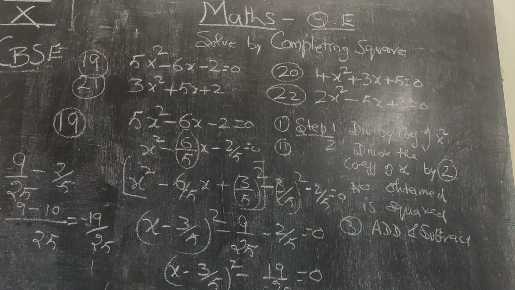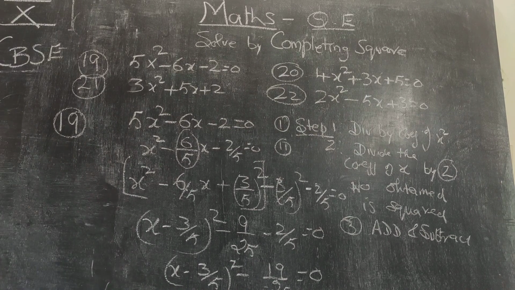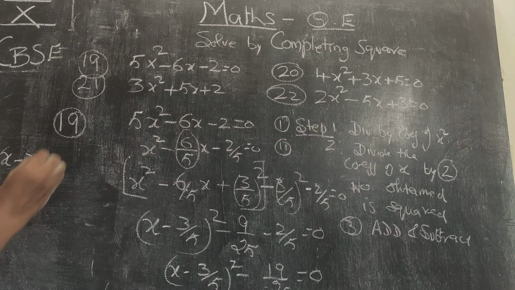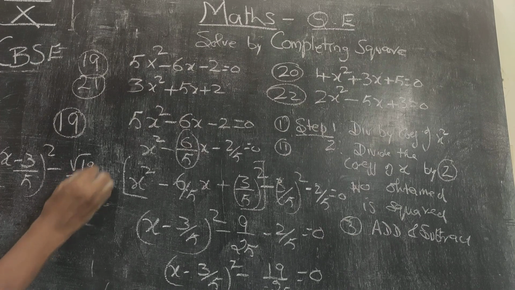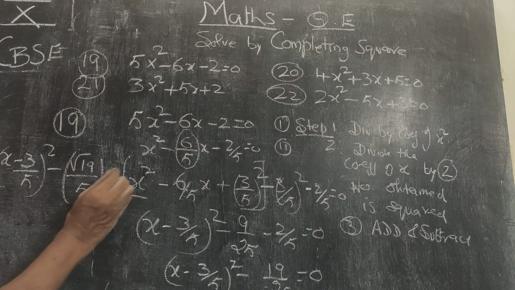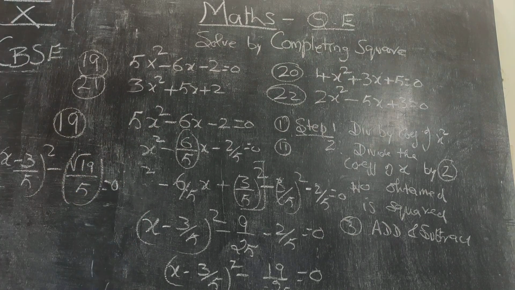So now I am going to this side. What happens to this? x minus 3 by 5 the whole square minus of, I can say this as equal to 0, isn't it? Which means x square minus y square equal to 0.